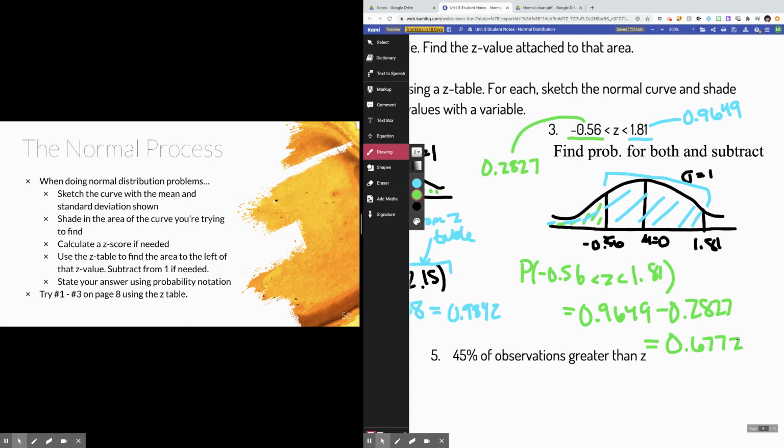Okay. I may have gotten this last value incorrect in looking at my notes here, but you get the general idea.